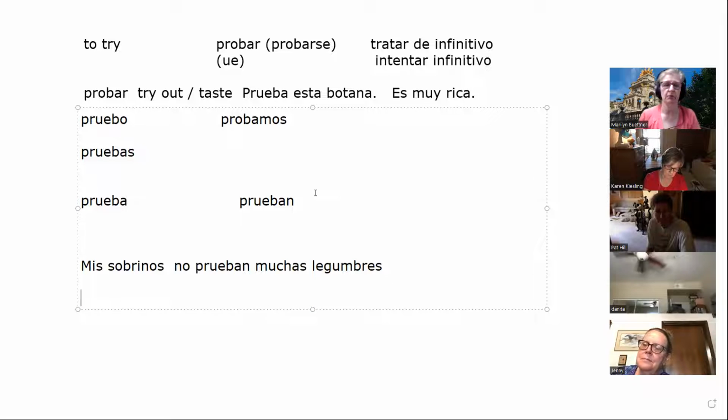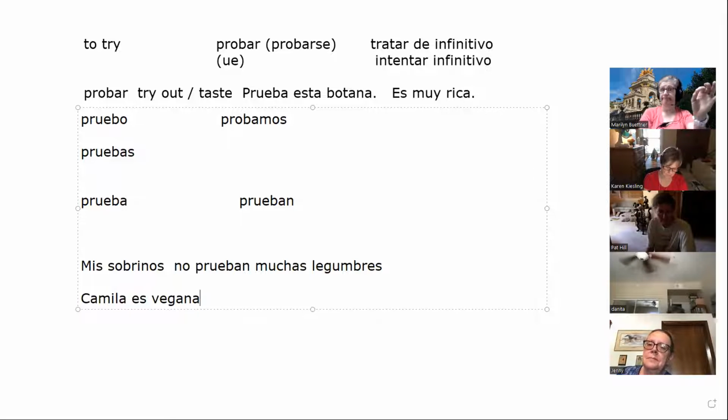Oh, por ejemplo, Camila es vegana. Camila is vegan. Ooh. Sí, Camila es vegana.